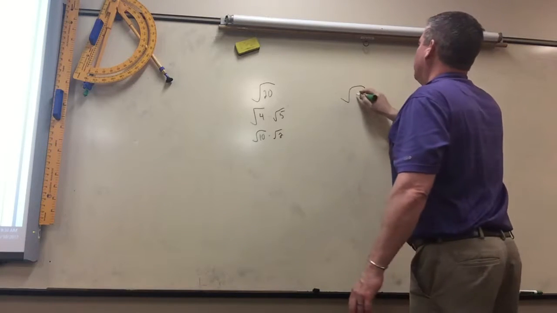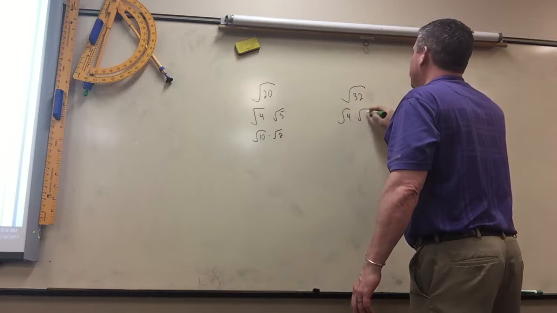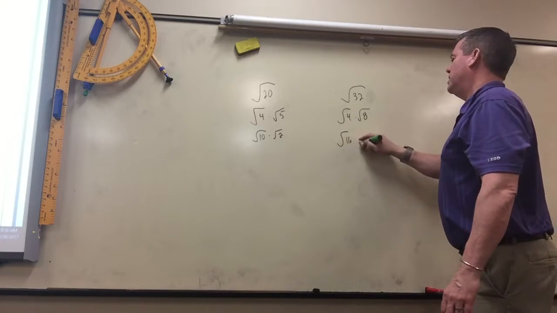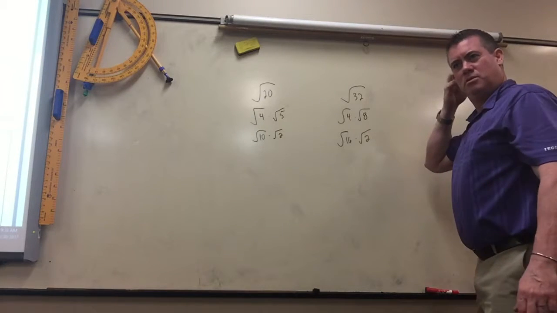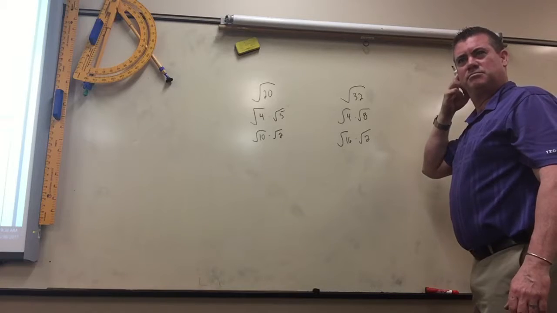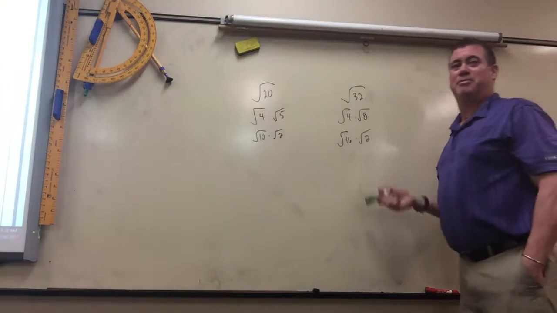Square root of 32, I could go 4 times 8, 16 times 2. I think those are the only ones to get 32, right? Yeah? This is what you're going to be doing to simplify.